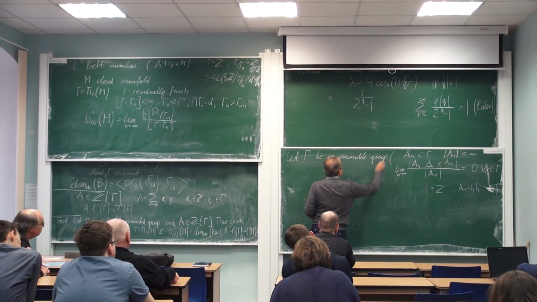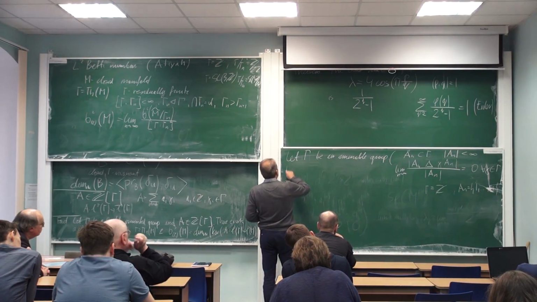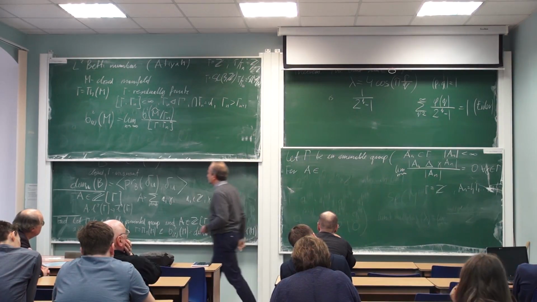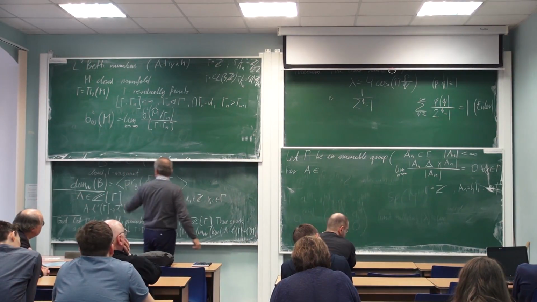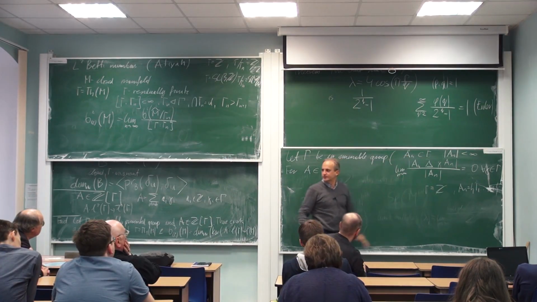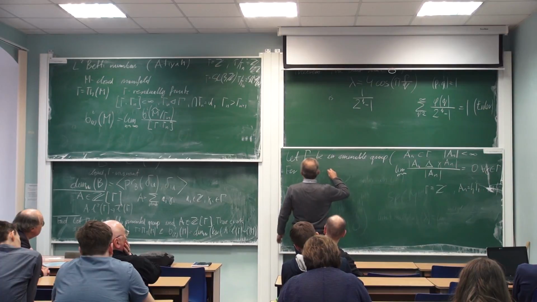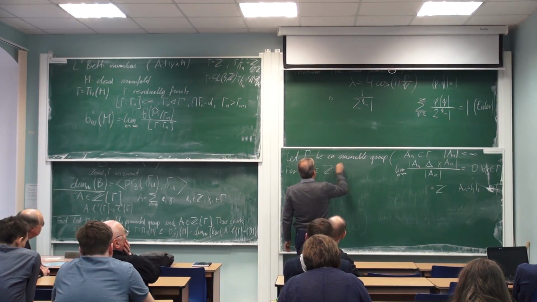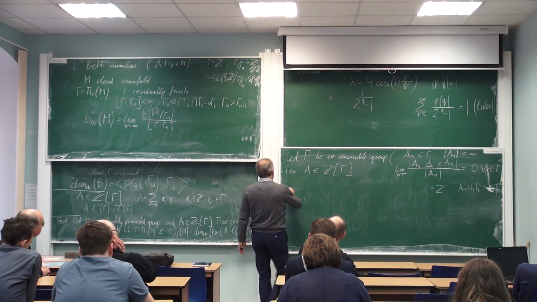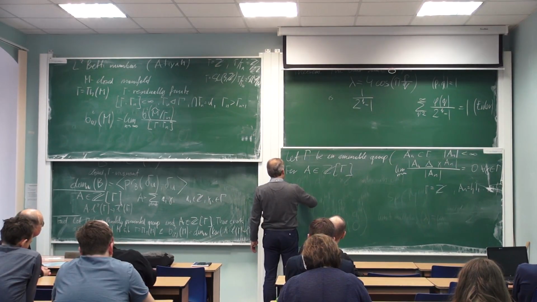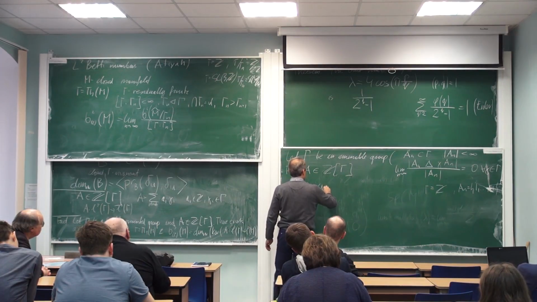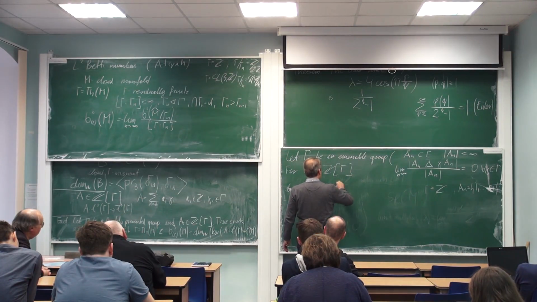So for any element, let me use the same letter A as before, hope it won't confuse you with the Folner sequence, for A an element in the group algebra, one can compute the von Neumann dimension of its kernel acting on L2 as follows.